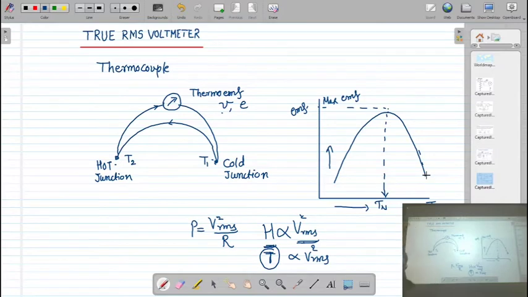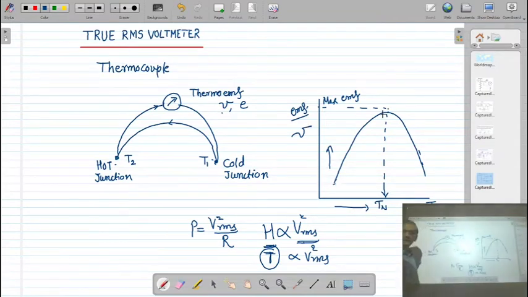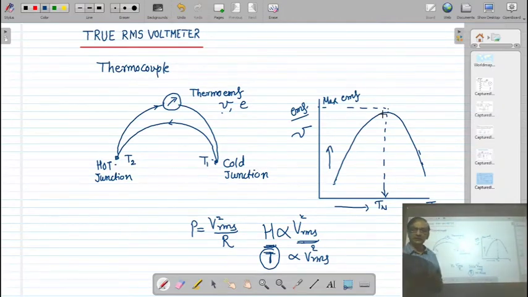So here the thermocouple is sensing the temperature, and correspondingly the EMF is produced. But here we have a difficulty: this characteristic is non-linear. If it were linear, it would be very easy to find the relation between temperature and voltage.